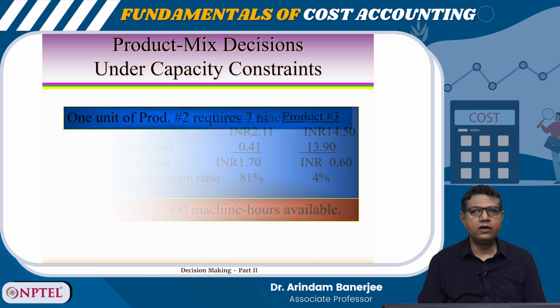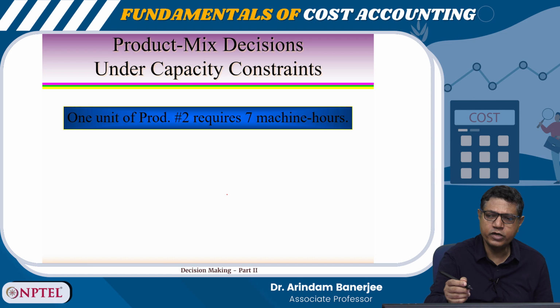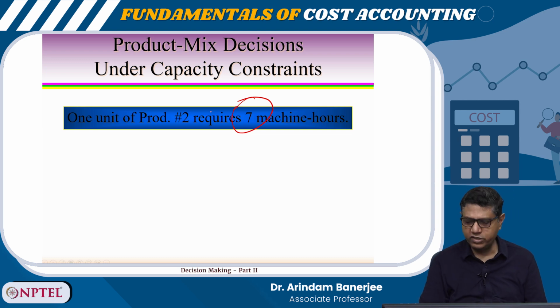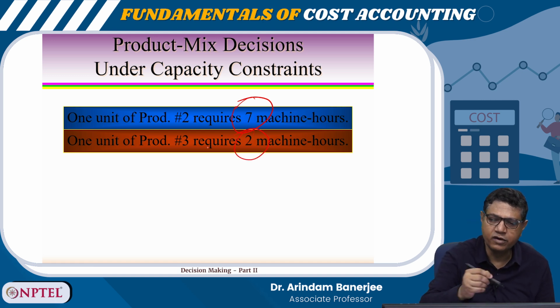Now I have to calculate contribution per unit of key factor. Here it gives some more information: product 2 requires 7 machine hours to produce per unit, and product 3 requires 2 machine hours.